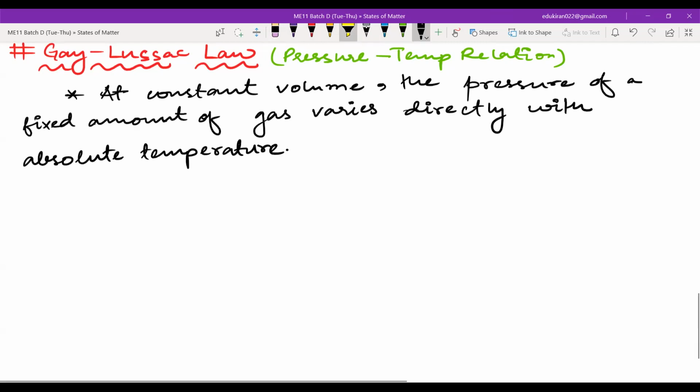Please again listen to this point, that it is absolute temperature. So whenever you are doing any calculation in science, always use Kelvin scale to be on the safe side.